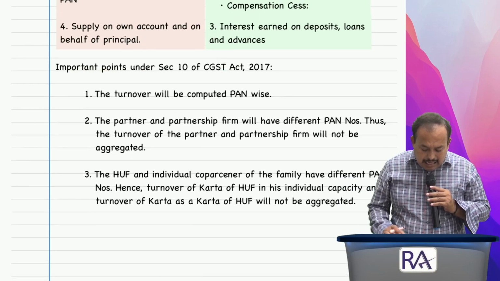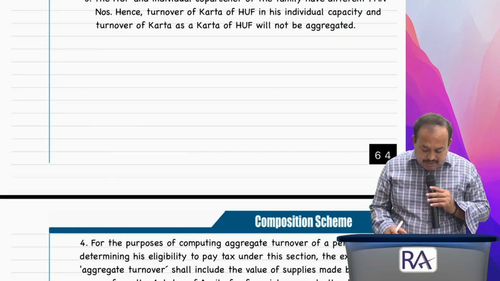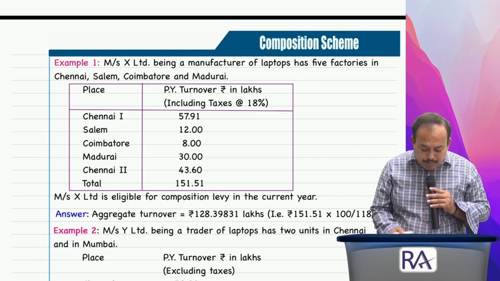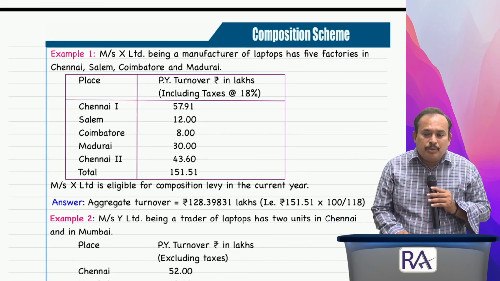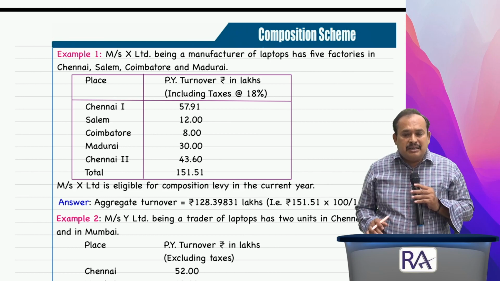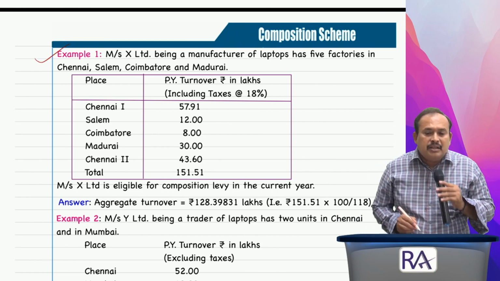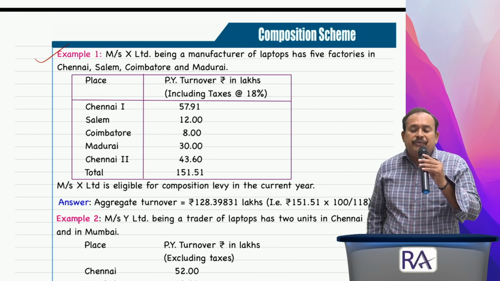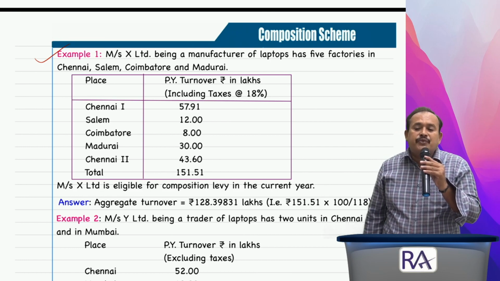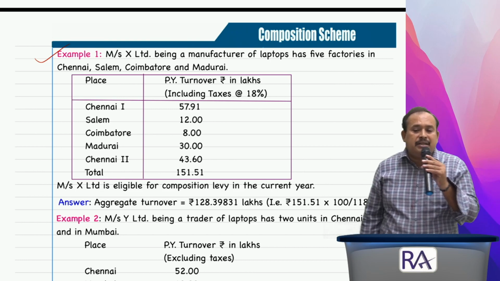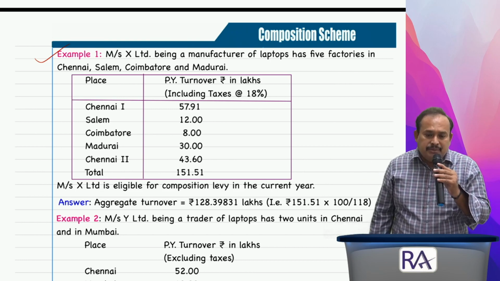Now, here I would like to bring to your notice one simple example to make you understand this point. Example 1. X Limited, being a manufacturer of laptops, has 5 factories in Chennai, Salem, Coimbatore and Madurai.